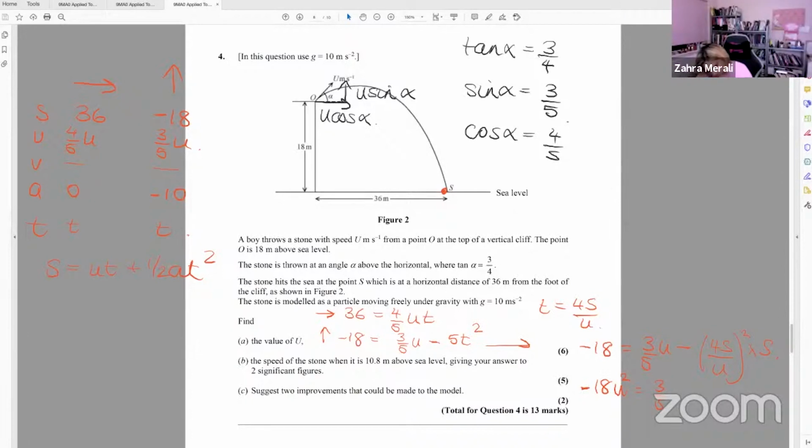Sorry, I overcomplicated life here. Oh, I've missed a t. That's why. Okay, I thought it looked strange. Right, s equals ut plus a half at squared, so clearly there used to be a t there. That's more like it. So we've got to multiply the 4/5 u there as well. Right, that makes more sense, because the u's cancel, and then we can solve that easily.